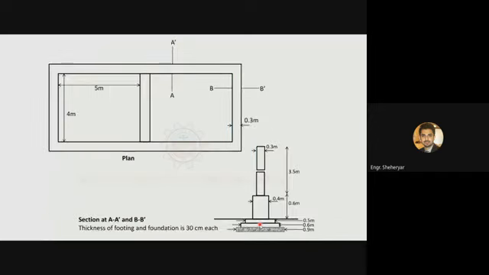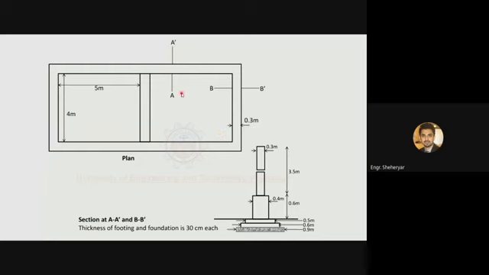Okay, now consider this plan. Let's assume that my horizontal walls are long walls and the vertical walls are short walls. So again, you will take the long walls from outer edge to outer edge, and the short walls from inner edge to the other inner edge. The rest of the calculations are the same.